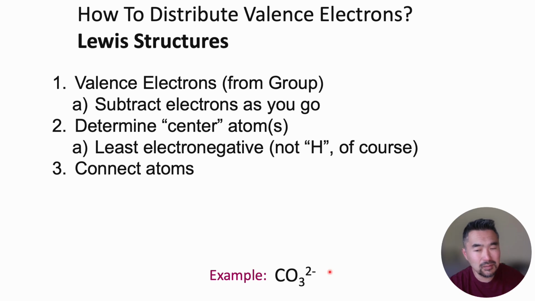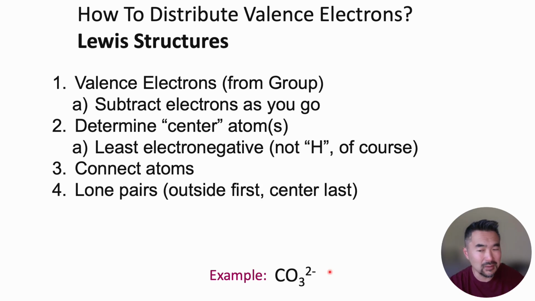So, and then once you put down the central atom, you connect all the rest of the surrounding atoms to the central atom, and then you figure out how many bonds or how many electrons you've used there, and the leftovers will be placed on this molecule as lone pairs. And the most important rule here is that you have to remember to put the lone pairs on the outside first, and hopefully that makes sense to you, because remember the central atom is usually the least electronegative atom.